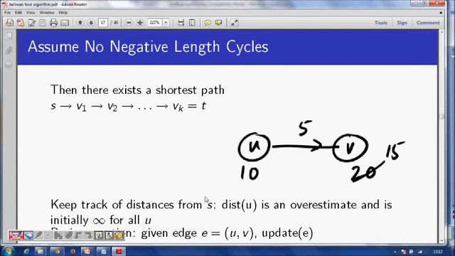So in the Bellman-Ford algorithm, there are two important things, and one in fact is the most important, the update method. So there exists a shortest path, S to V1 to V2 to V3 to Vk, and we will keep a distance d of U, which is an overestimate of the shortest path distance.